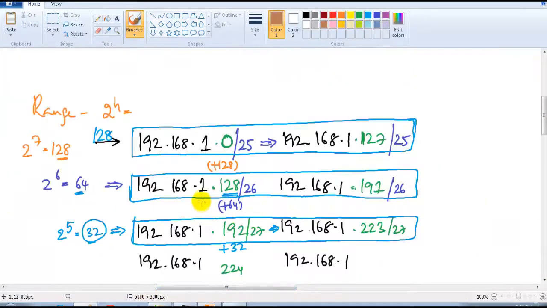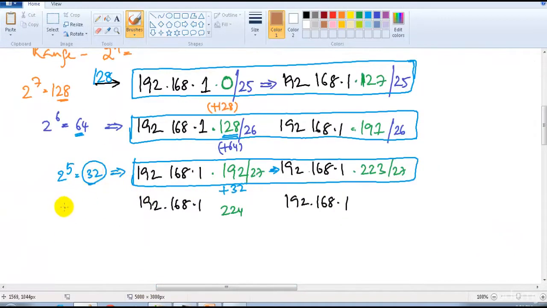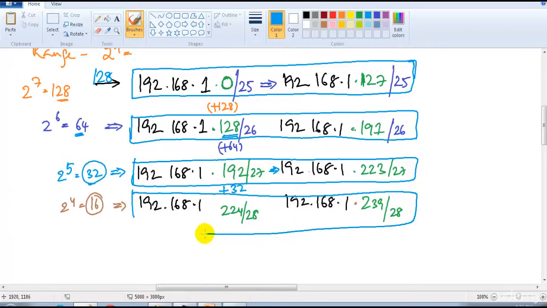So the next requirement is how much? It's just 16 addresses, 2 to the power of 4, 16 is the size of the network. So 224 to 239 will be a group of 16 addresses with a slash value of /28. So this is my next network with a group of 16 addresses.